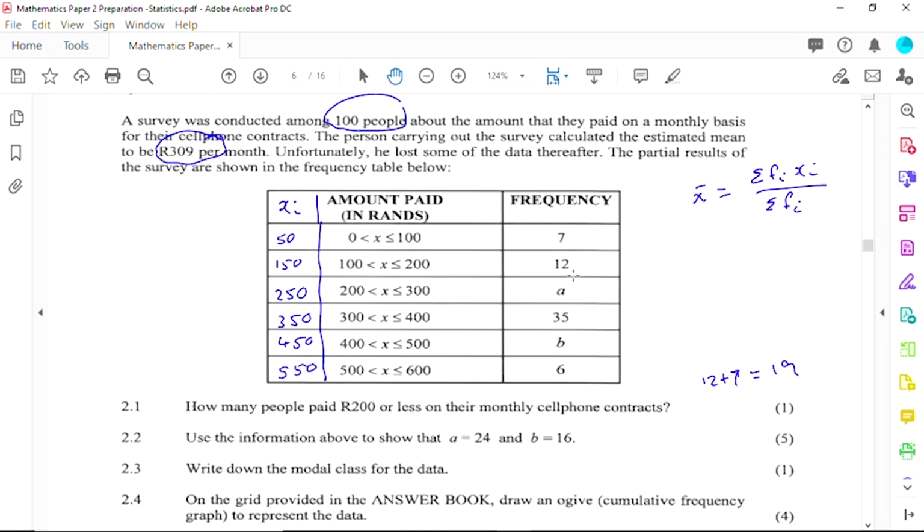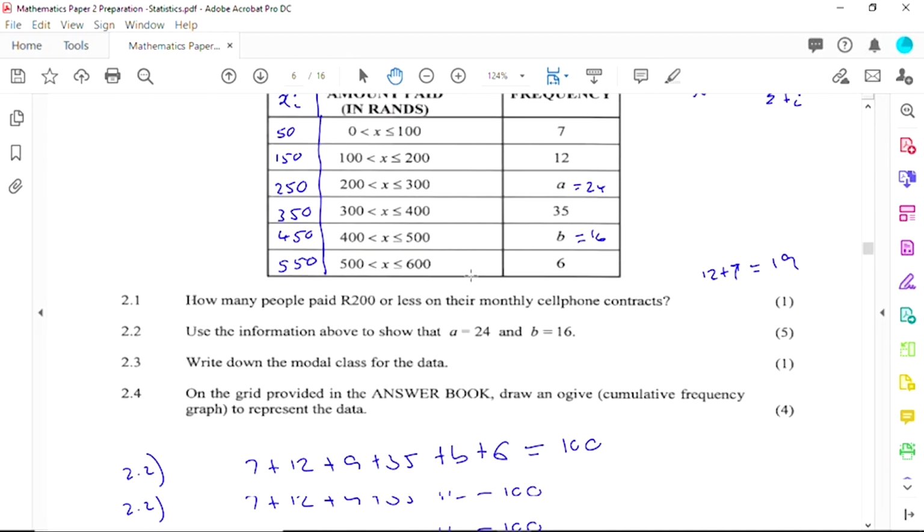So here A is 24, B is 16, so the class with the largest frequency is this class, x lying between 300 and 400. So we have 300 less than x less than or equal to 400 would be our modal class.